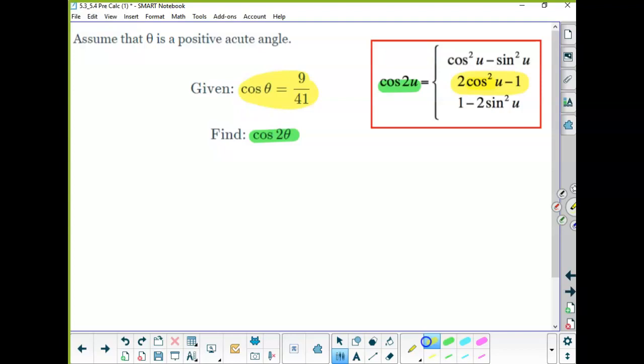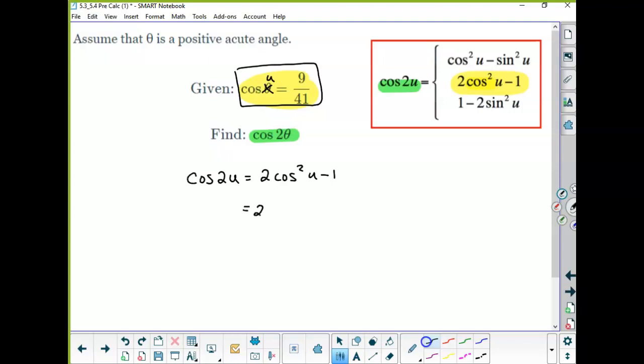So that's my advice for you guys: we know the given fact, and we know that one way to do the double angle of cosine is to use this formula. And now remember, instead of u, we can call this u, so instead of theta, we can just call it cosine of u.